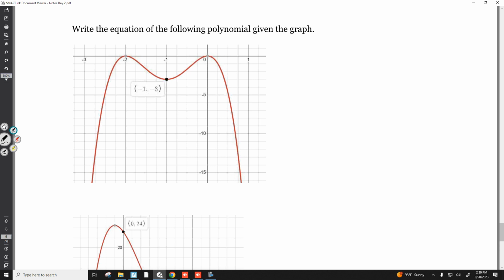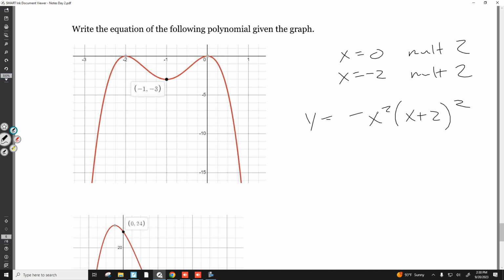Well, it's got to be a negative x to the 4th. Okay, that could be an equation, sure. X equals 0 has to have a multiplicity of 2. X equals -2 has a multiplicity of 2. Cool. This could be an equation, negative x squared times x plus 2 squared.